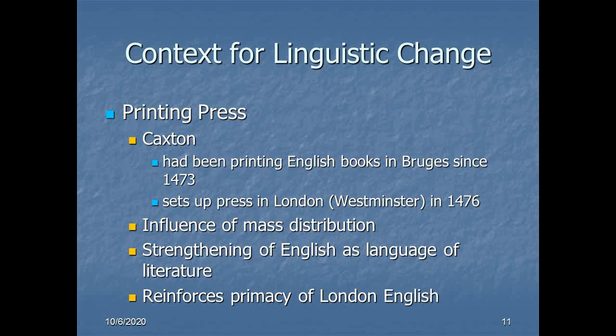And the fact that you can run off multiple copies of a book rapidly and cheaply with a press, which you can't do in a scriptorium, meant that radical ideas, such as the ideas that had been about during the Lollard heresy and had been effectively suppressed, could no longer be suppressed because they could be propagated much more quickly, much more cheaply.